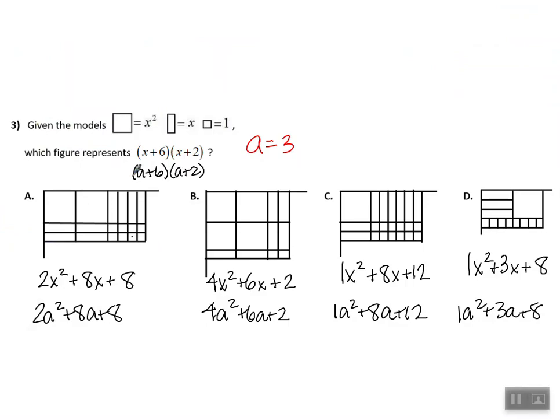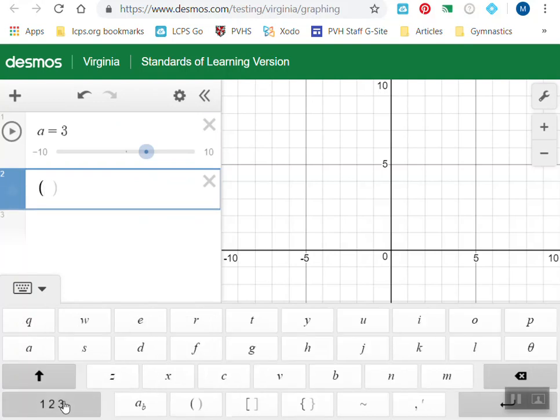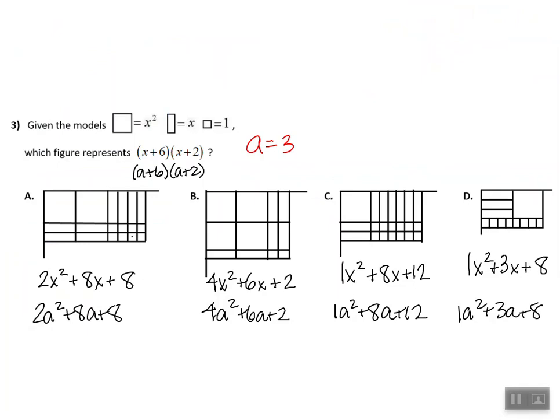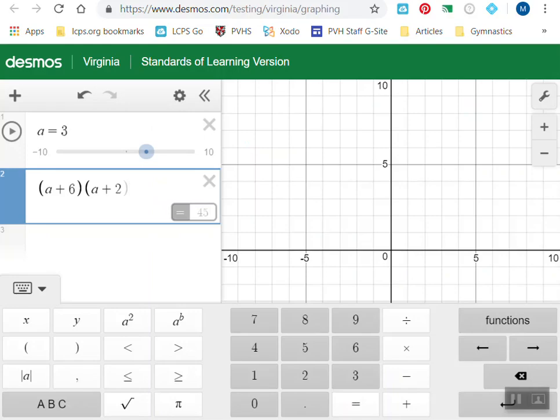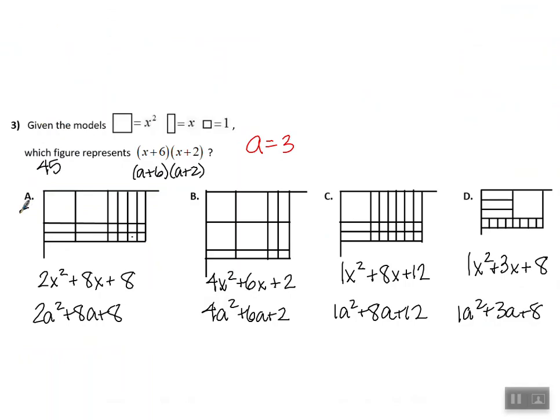So then we need to plug in our question, which is parenthesis, A plus 6, parenthesis, A plus 2. So that gives us 45. So I'm going to write that down. Then I'm going to type in each of my answer choices. That gives me 50.